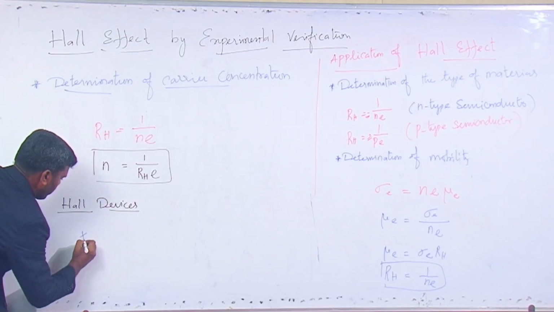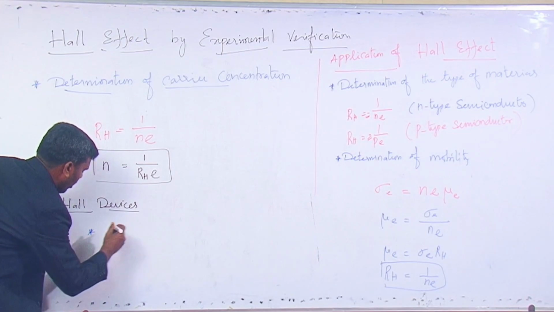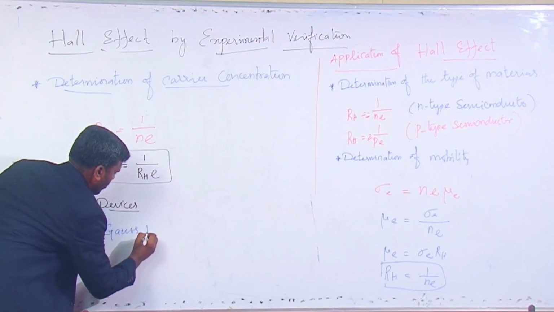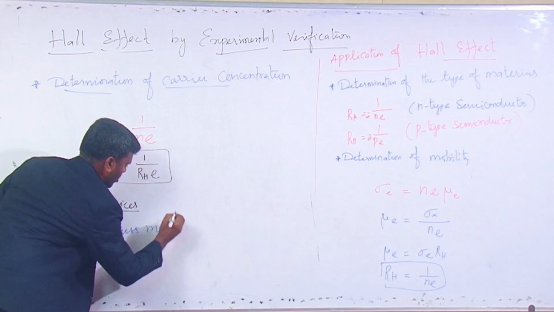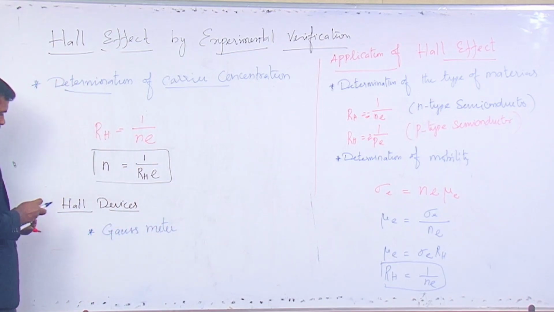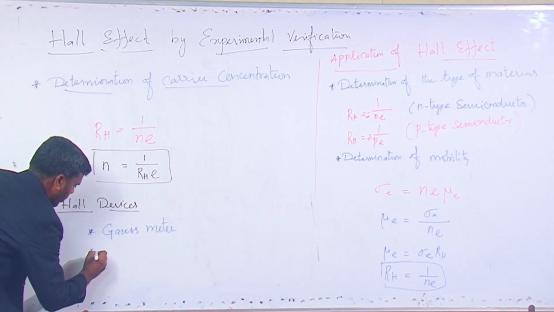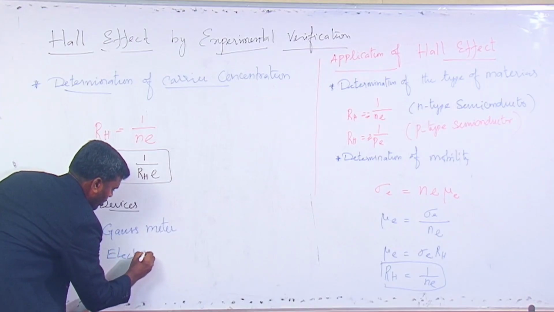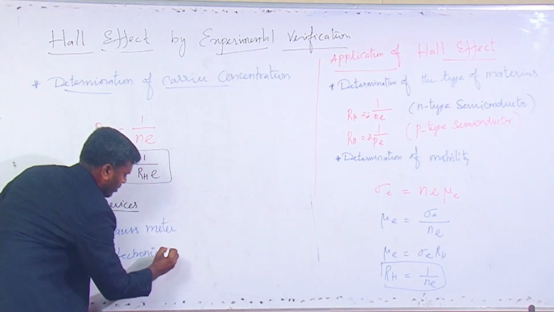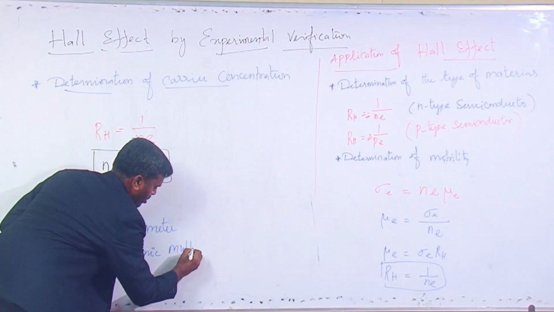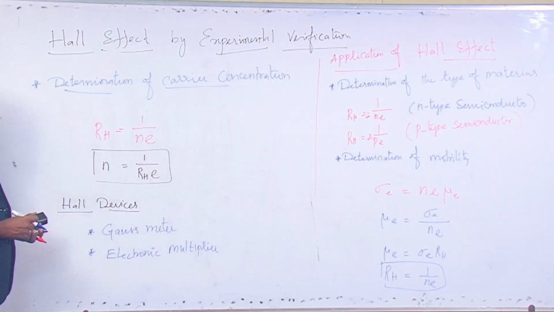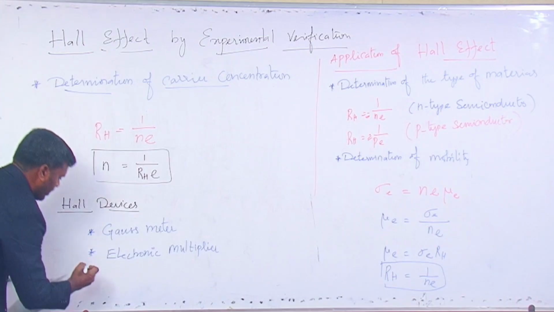One is Gauss meter, second one is electronic multiplier, then third one is electronic wattmeter.